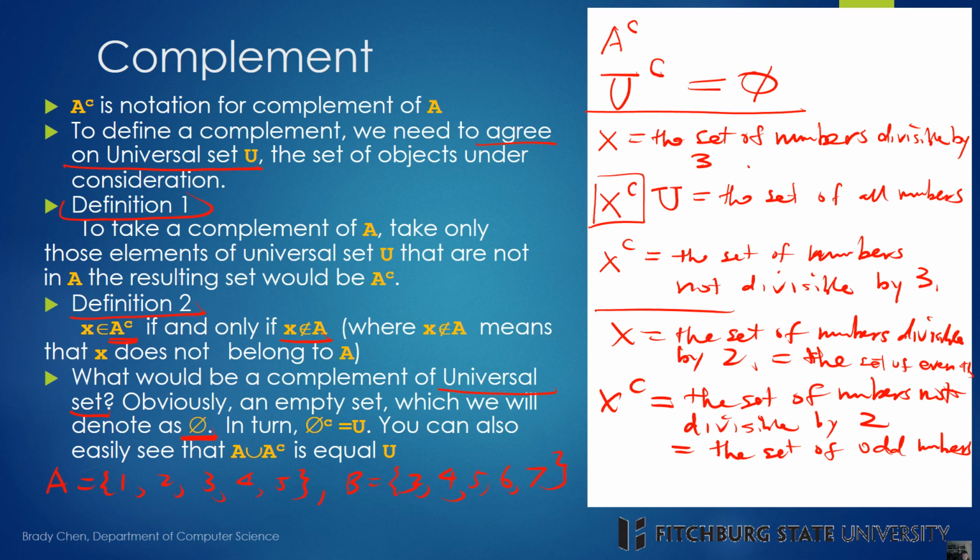Now, in order to talk about the complement of A, or the complement of B, we need to define the universal set, right? Of course we can say, let's define the universal set as all whole numbers.